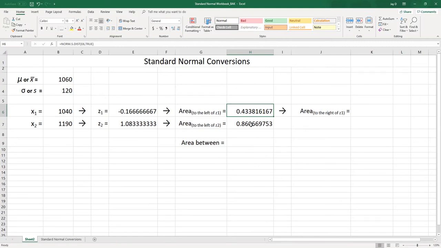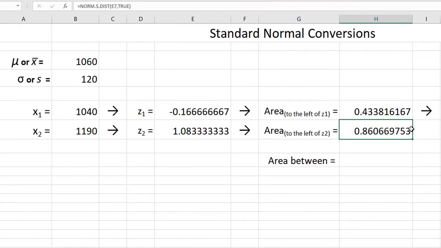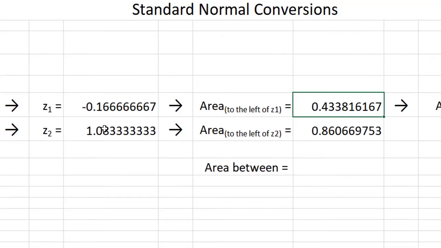Now, as I said, we have an area to the left of one z-value and an area to the left of the other z-value. And how would we get the area in between these two z-values?